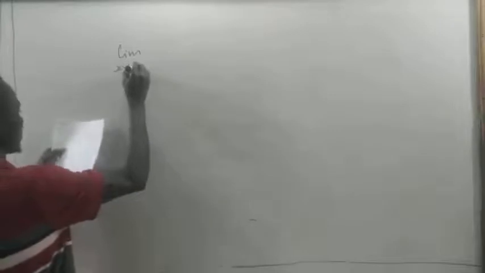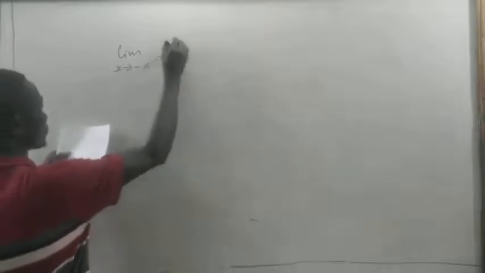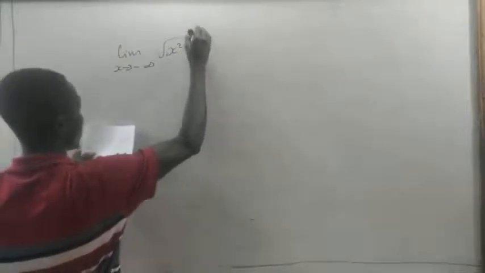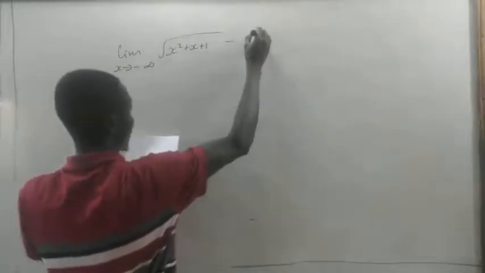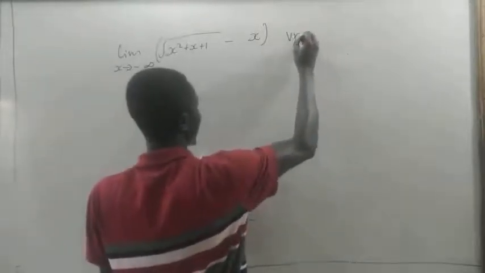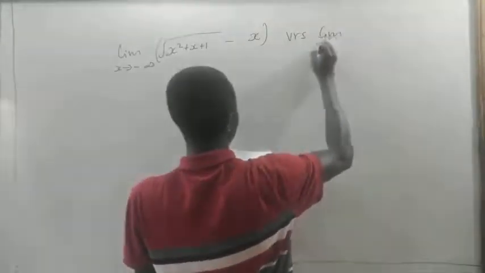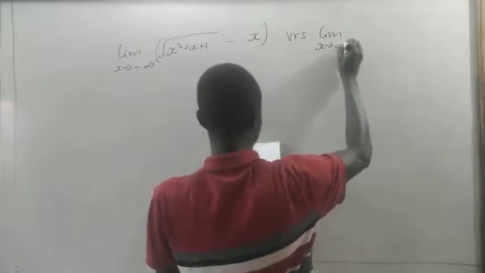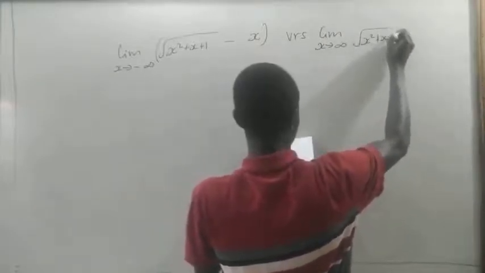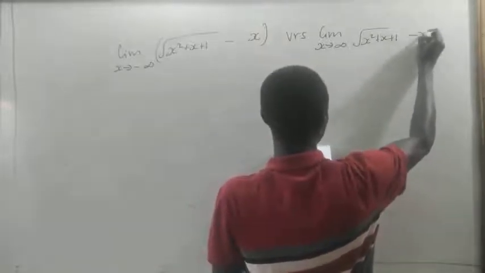Let me take the limit as x approaches negative infinity, square root of x squared plus x plus 1 minus x, versus the limit as x approaches positive infinity, square root of x squared plus x plus 1 minus x.